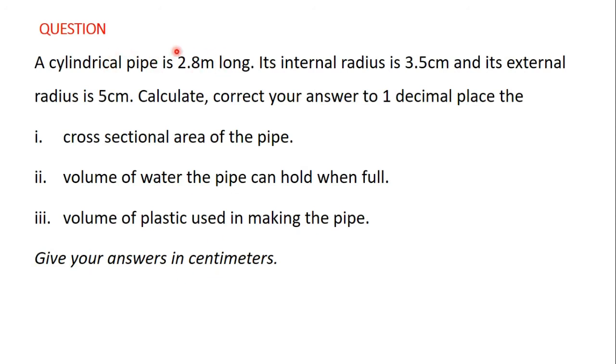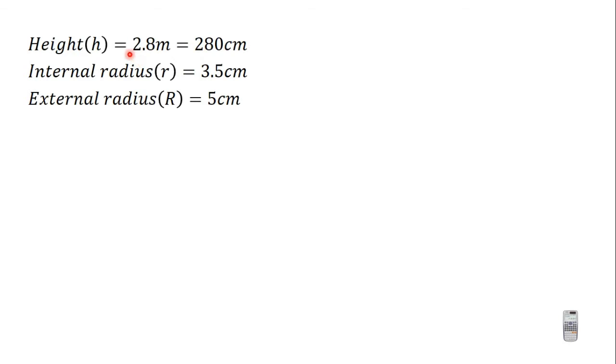We have been given the height of the pipe to be 2.8 meters. It's in meters, but the question said we should give our answer in centimeters, which means that we have to convert this from meters to centimeters. So the height is 2.8 meters. If you convert it to centimeters, you have 280 centimeters. So you multiply 2.8 by 100 to convert it to centimeters.